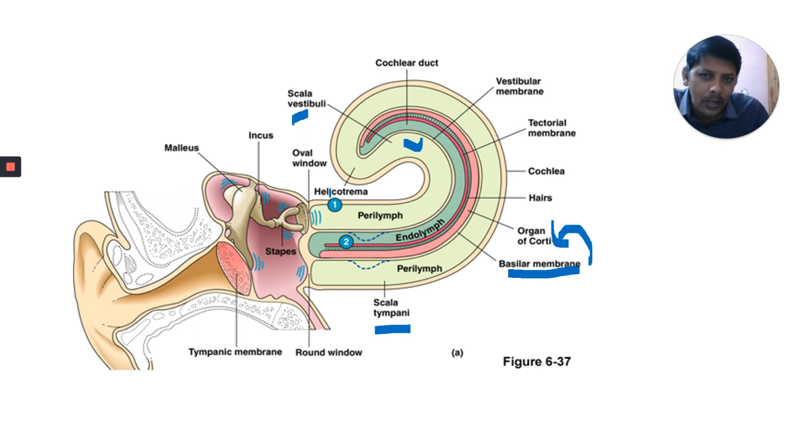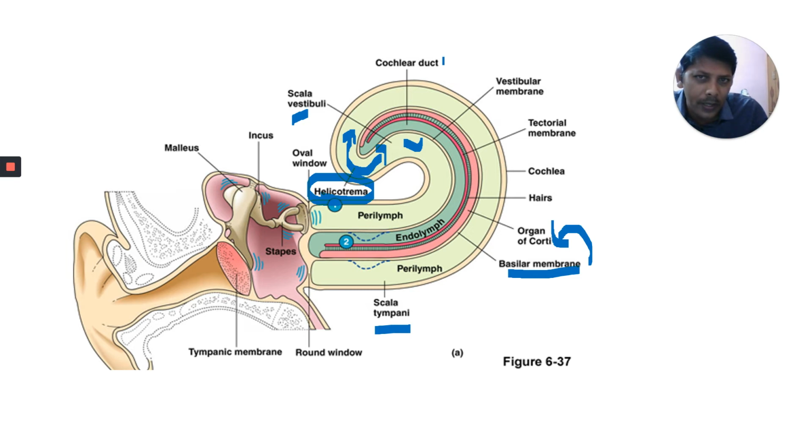This is also very important. Recently, it was asked in some papers. Helicotrema. Helicotrema is the place where these two join. You can note down this point, not given in the textbook but important. What is this part?